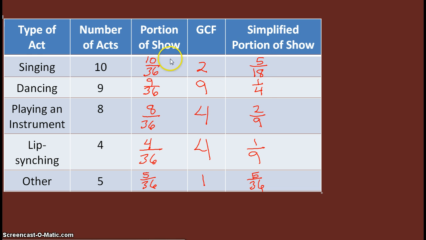This fraction is equivalent to this one, and this one to this one, and if we didn't already have this list with like denominators, it would have been to our benefit to come up with equivalent fractions so that we could have ordered them from least to greatest with more ease.